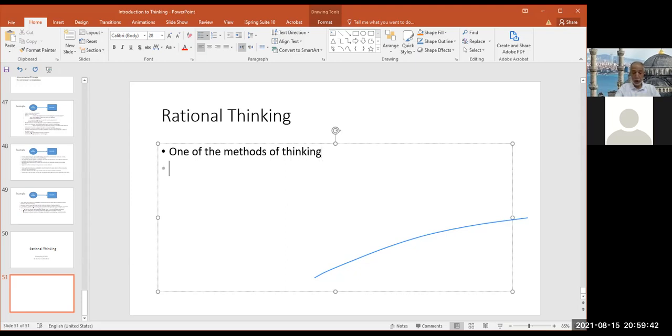It relies on four components, which are the subject of thinking, or I would call it the material object. Sometimes I hesitate to say material object because sometimes you have a non-material object.